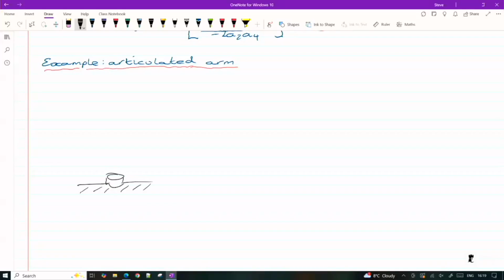So the Dobot, it's very similar to the configuration I'm going to draw out now. You have a rotational joint on the base. You have a small displacement. You have a rotational joint kind of at what we call the shoulder.